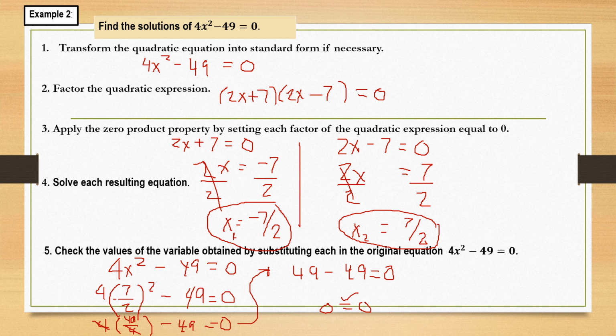If we substitute it, it will still give us positive 49 over 4 when squared. So cancel 4, 49 minus 49 also is equal to 0. So both solutions satisfy the original equation.